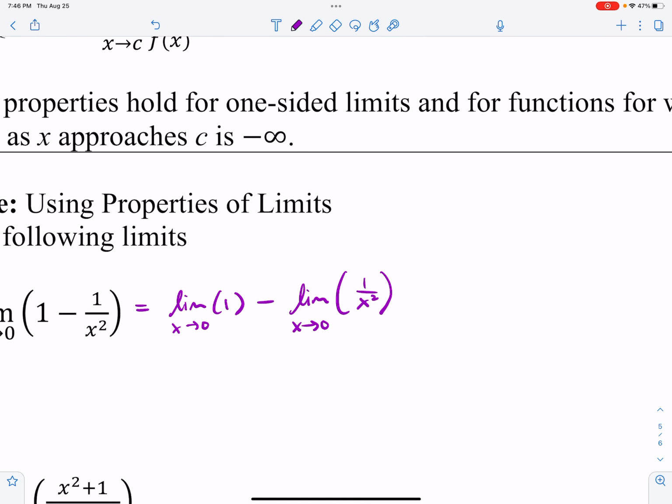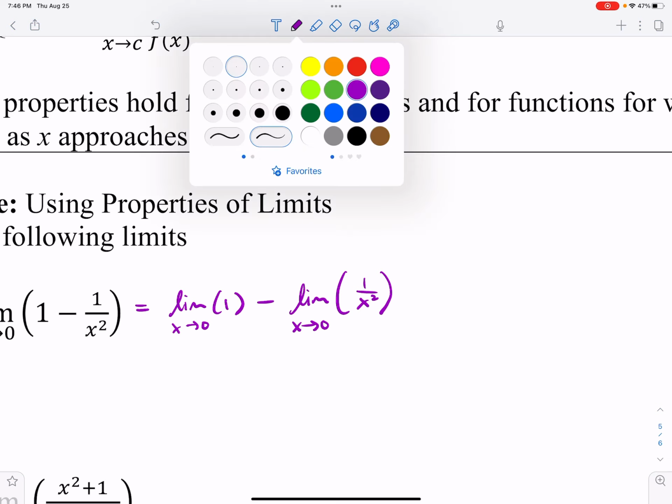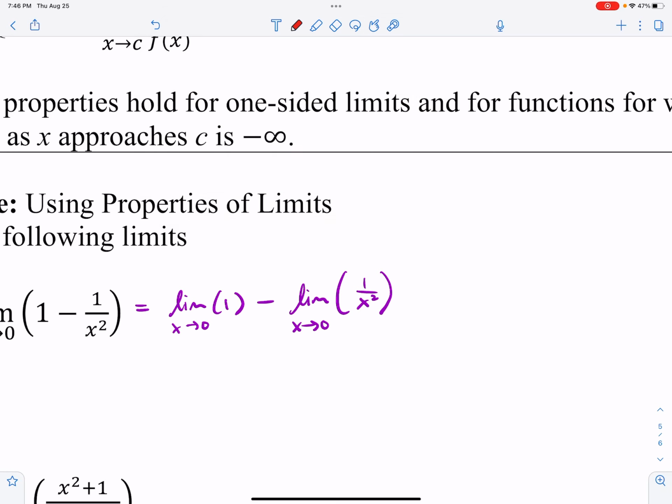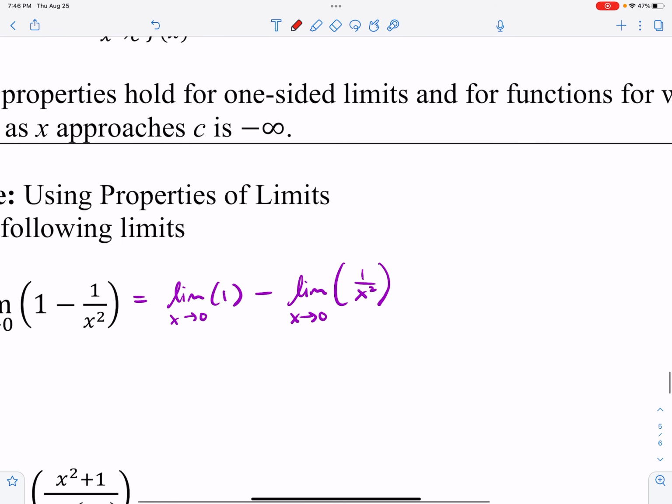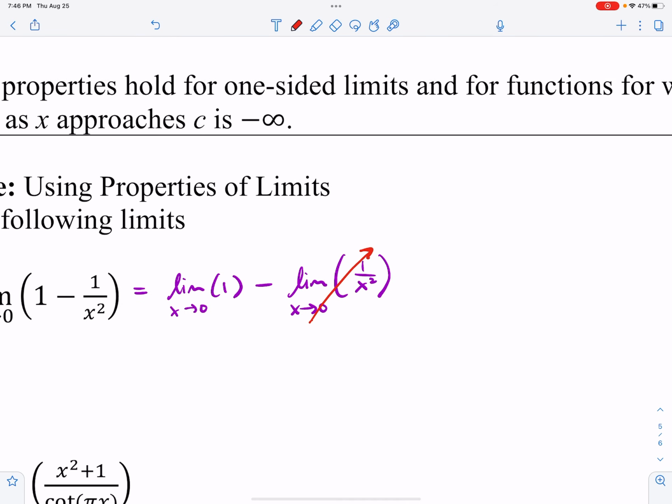Well, the limit as x approaches 0 of 1 would just be 1, but the limit as x approaches 0 of 1 over x squared, that first function we were looking at, approaches positive infinity. Well, 1 minus infinity, we can say is equal to negative infinity.